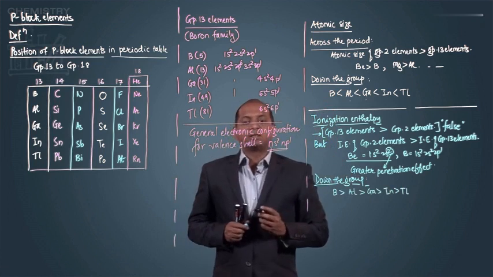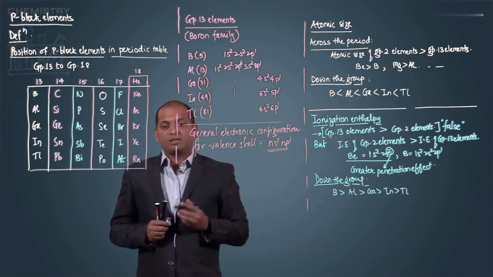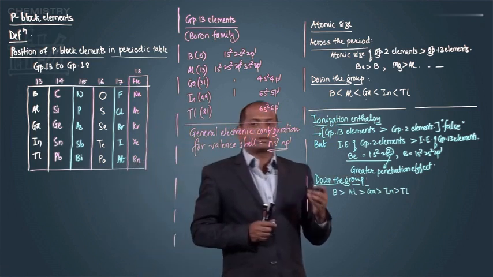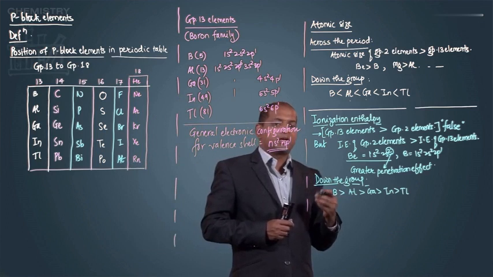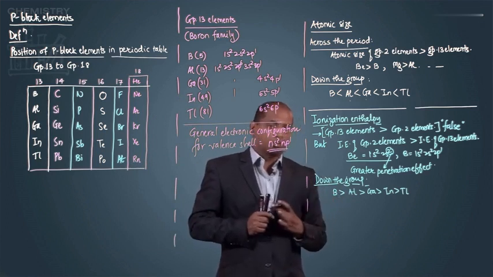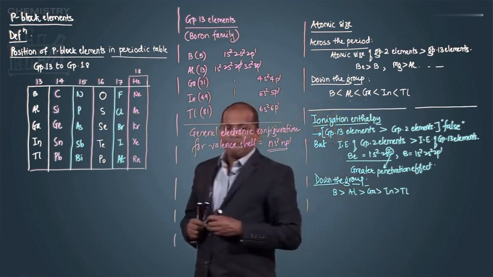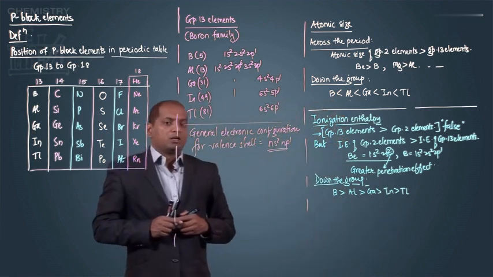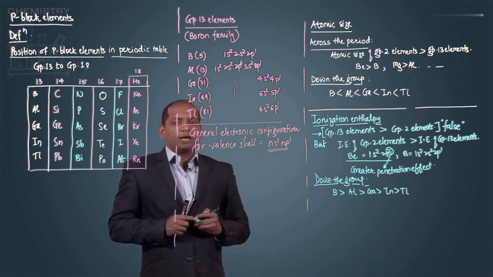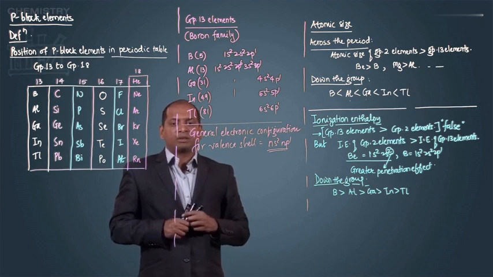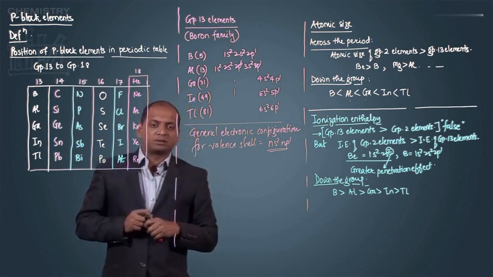Actually these elements contain 3 valence electrons, so there are 3 ionization enthalpies: first, where we remove the first electron, then second and third. If we consider the total ionization enthalpy trend, this is the correct trend. Okay, so this is all about ionization enthalpy and atomic size, the periodic properties. We have to see a few more properties that we'll discuss in the next session. Thank you.